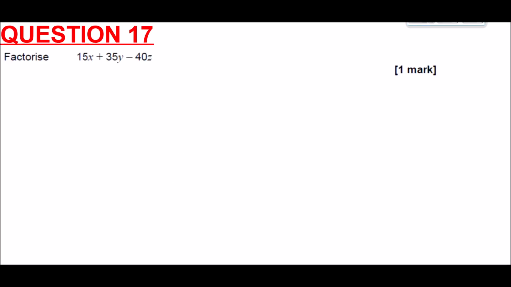Question 17, we're asked to factorise 15x plus 35y minus 40z. Now sometimes in Maths GCSE Foundation you have to factorise something of the type where it's, for example, x squared plus 5x plus 6.